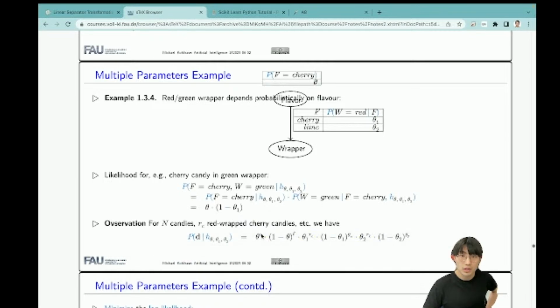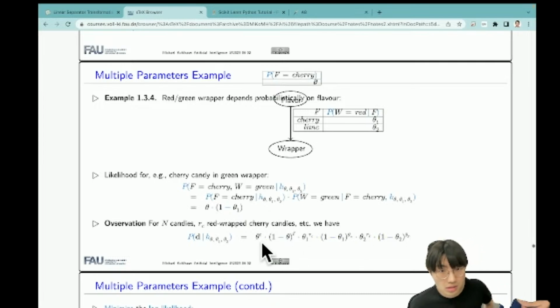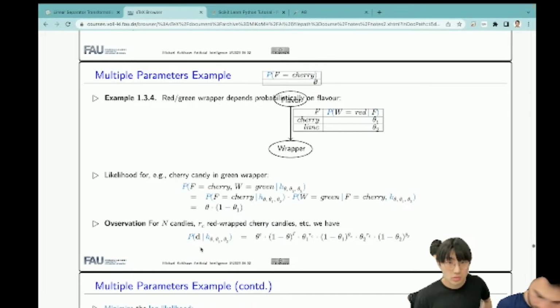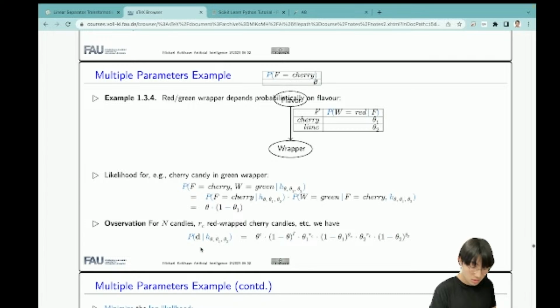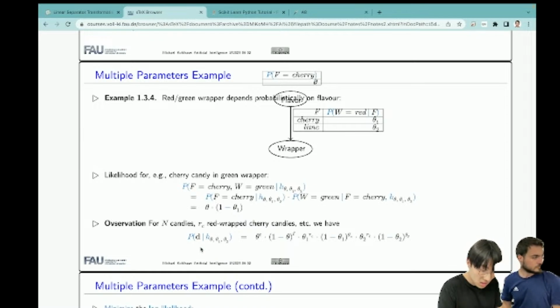So here, cherry, L, and RC, GC, RL, GL, like this. So we can say this is the probability of D given H, zeta 1, zeta 2, zeta 3, zeta 4.